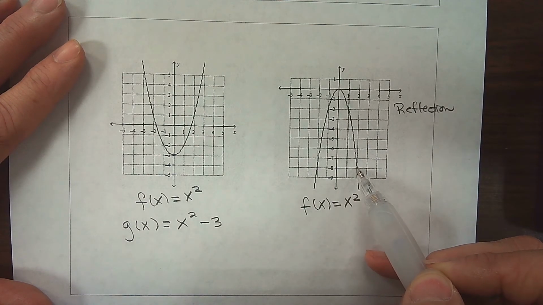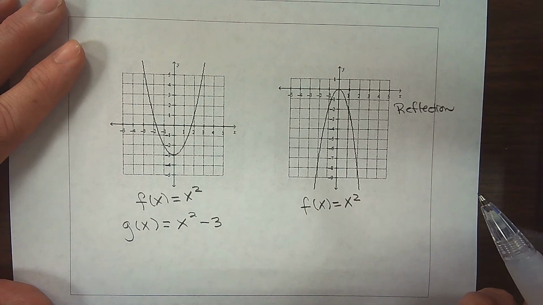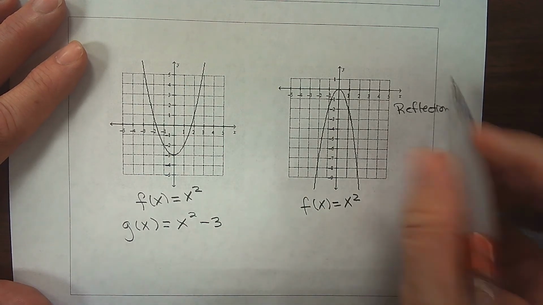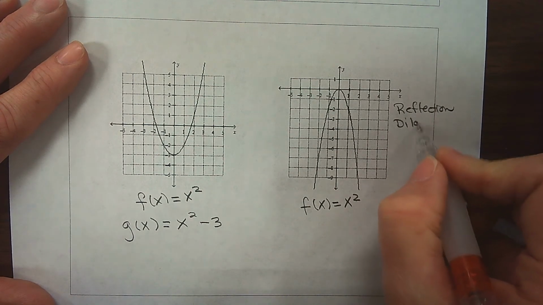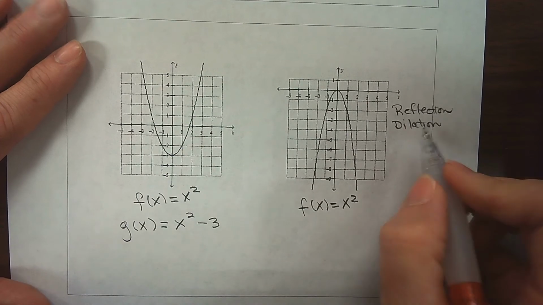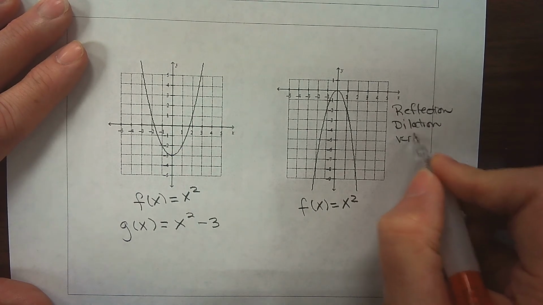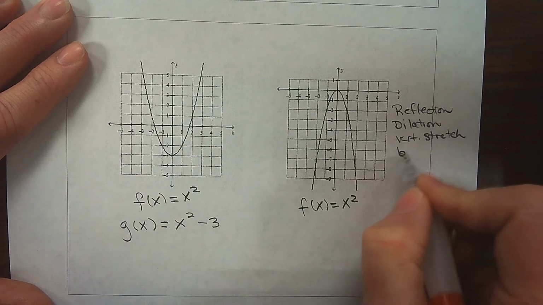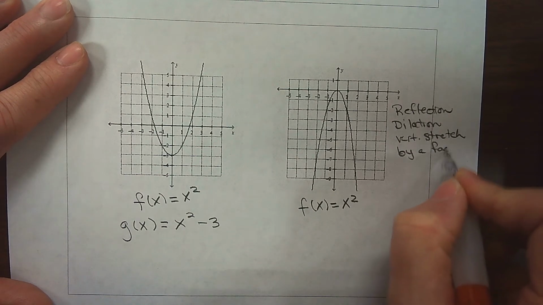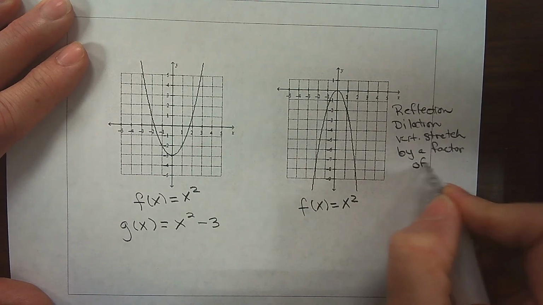So I'm traveling vertically twice the distance that I normally would. So that tells me not only is there a reflection, but there is a dilation. And that dilation is a vertical stretch by a factor of 2.